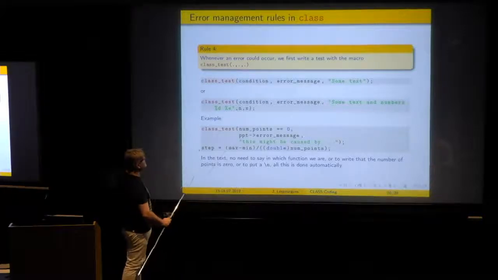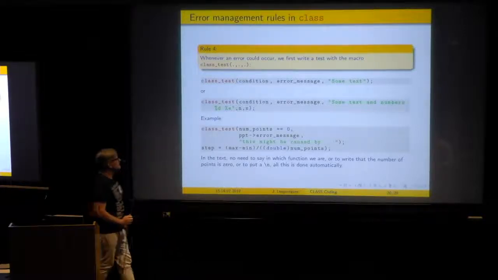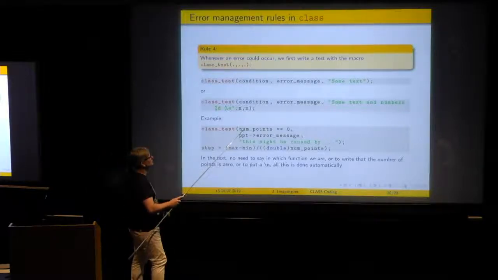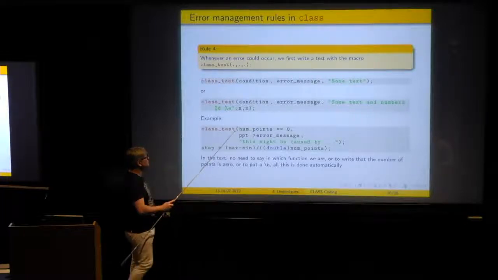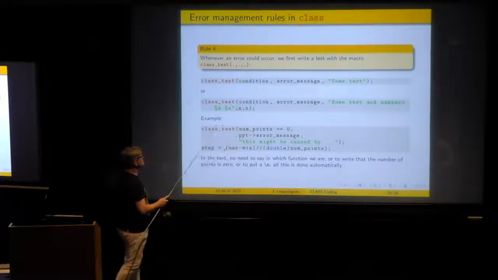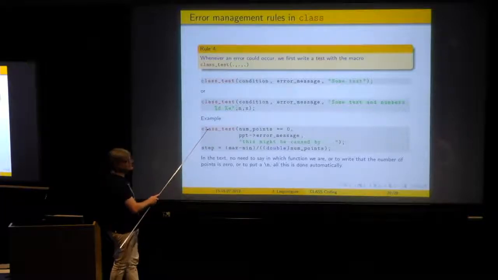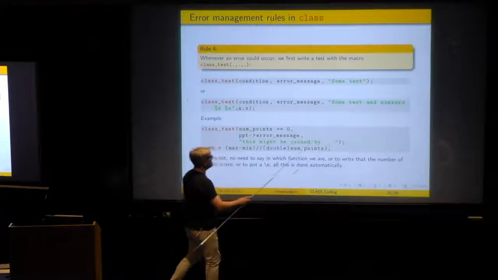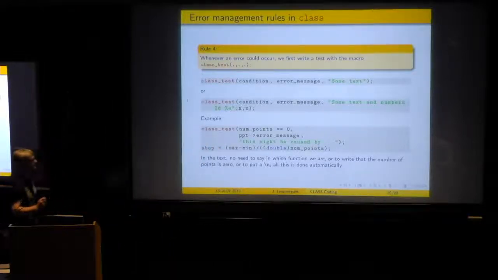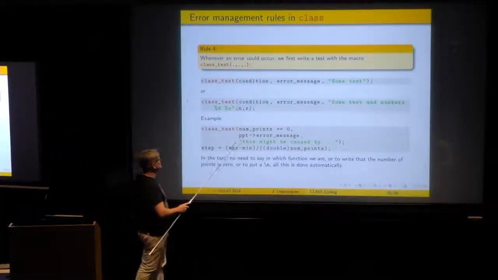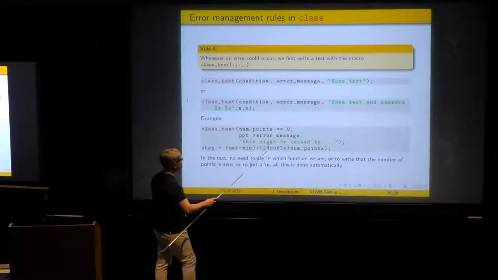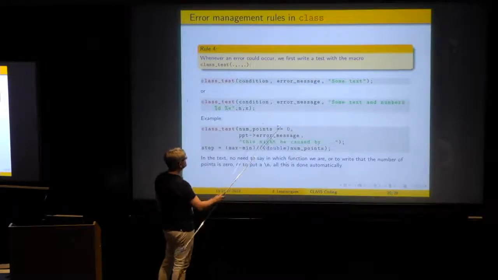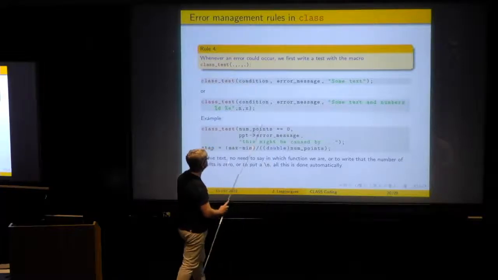And assuming that this is in the perturbation module, you want to write the error message inside the structure where you are. So this structure here is just where you are. If this class test is in the perturbation module, it's a PPT. And then you put the text that will help the user to debug. The nice thing is that you should not say here, there was a problem because num point was set to 0, because this condition will be written automatically by the automatic part.